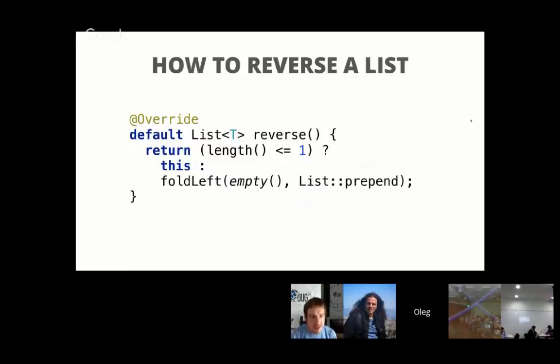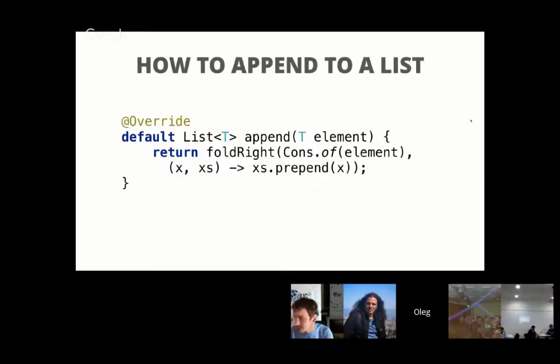So reversing a list is an expensive operation because we use fold left, which has to go through all the elements. So reversing a list is, as they say, O(n) complexity, a linear complexity of the list size, which is way more than, say, prepending an element to a list. And we'll come back to that in a second.